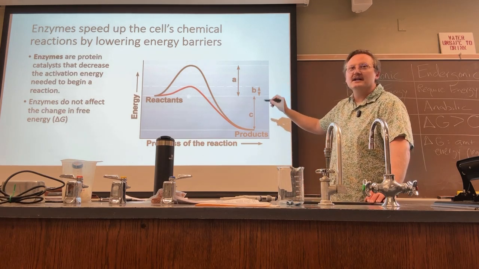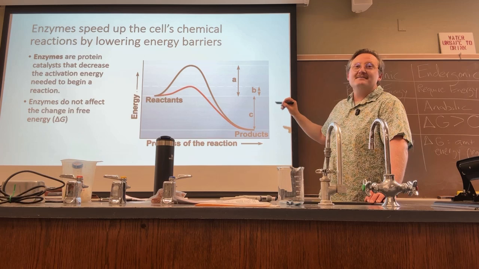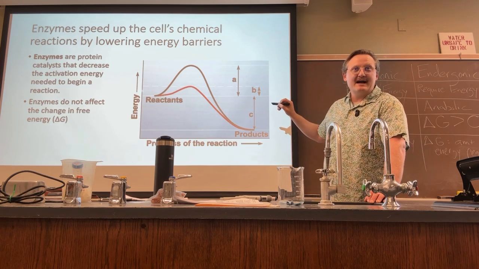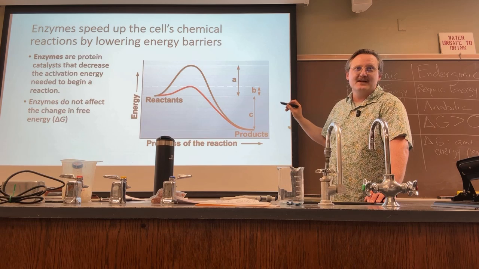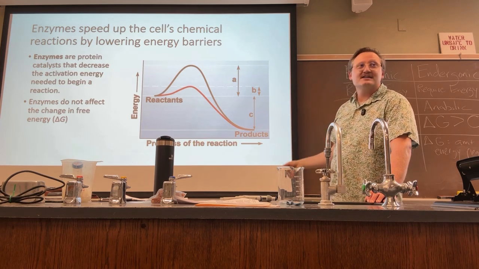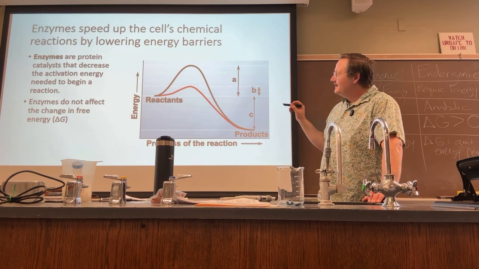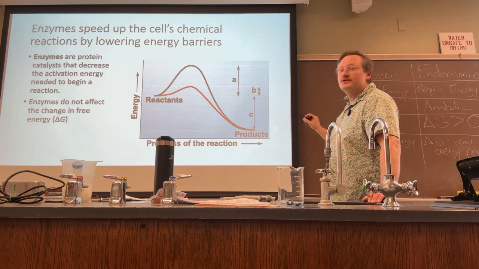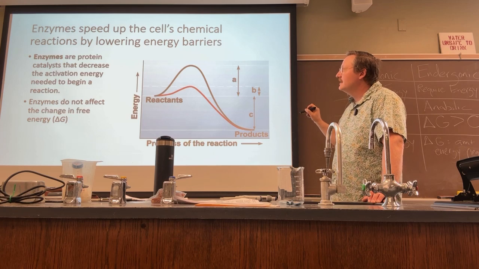You've got a big hill between you and the park. Most of the time, you ain't gonna make it, all right? You're gonna be like, yeah, there's that big hill there, I'm not gonna do it unless I can get a ride, all right? But if some construction project came by and reduced the height of that hill, then maybe you're more likely to do that reaction, to go down to the park, okay?